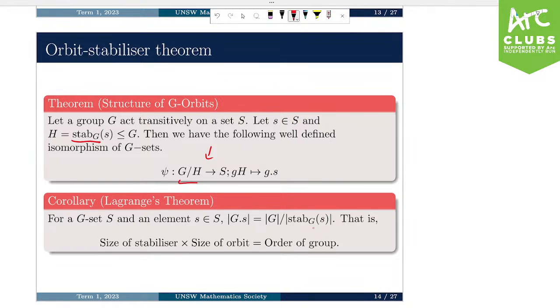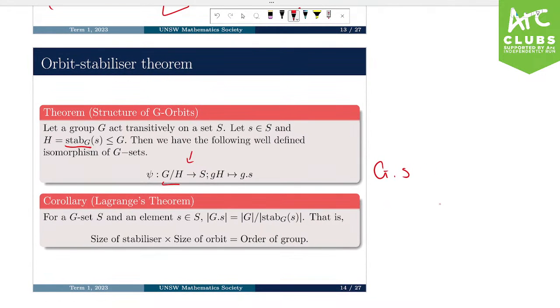For any G-set S and an element s in S, the set G·s is one single orbit, so G acts transitively on it, which means this is isomorphic to G mod the stabilizer of something in here, and since we have s here, we just take s.